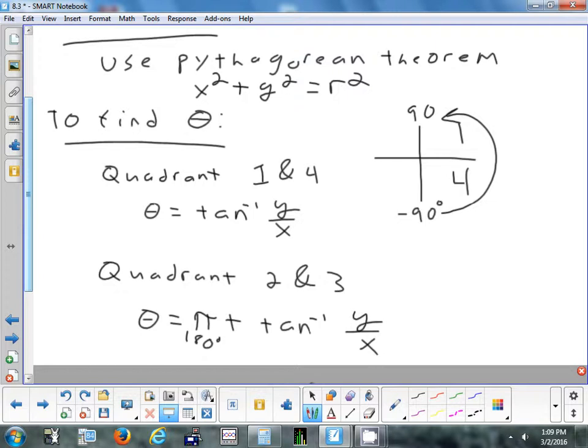Is there any other place an angle could be besides quadrants 1, 2, 3, or 4? It could be right on the axis. Now, let's say we were on the positive y-axis. For any coordinate on the positive y-axis, what's the x value? It's 0. And what would happen if you tried to plug 0 into one of these formulas?